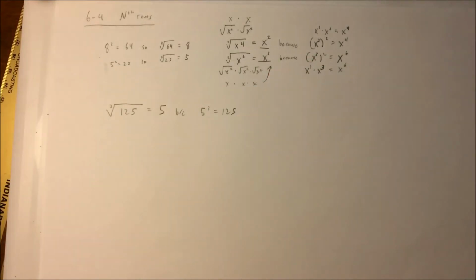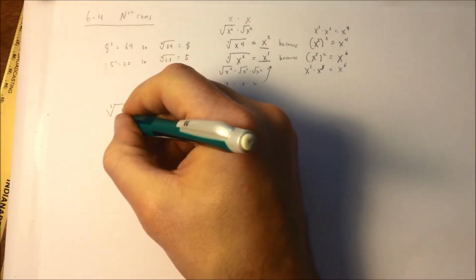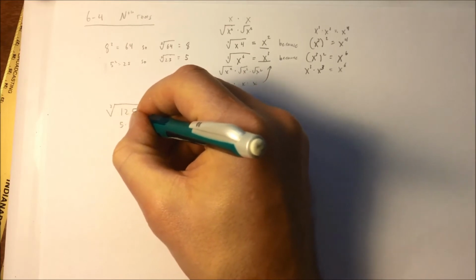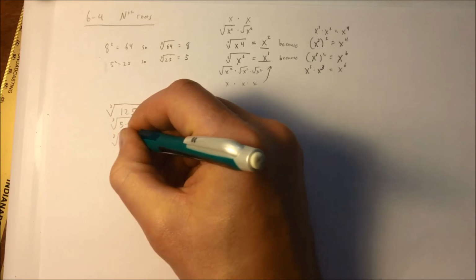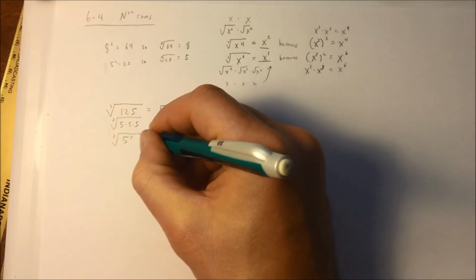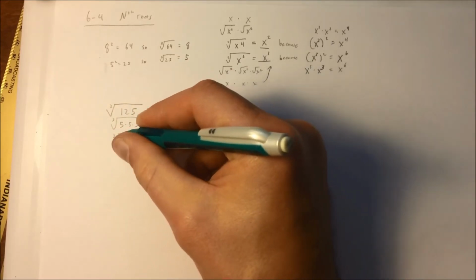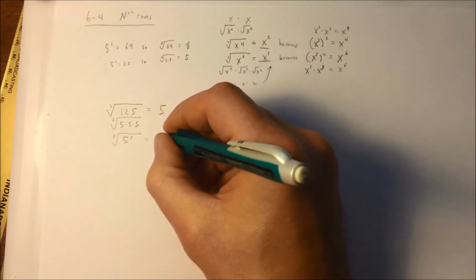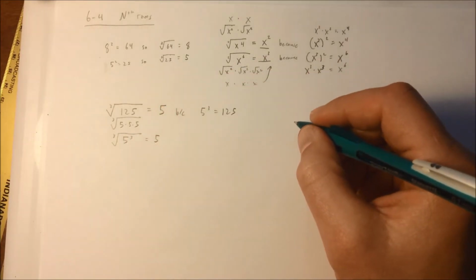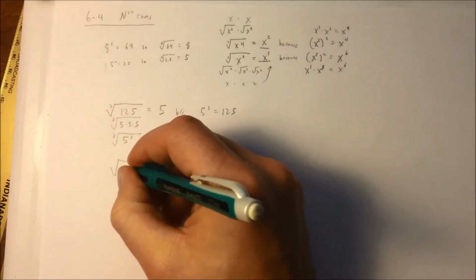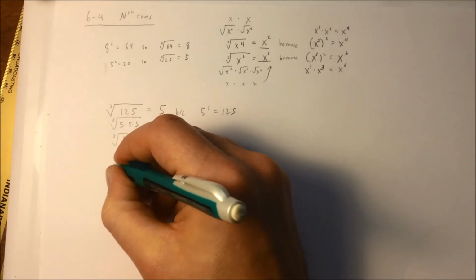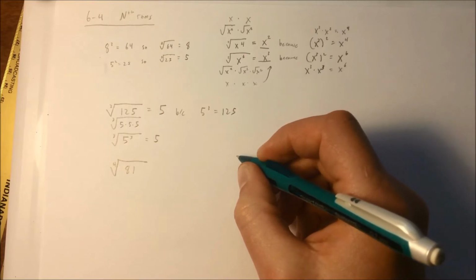If I needed to, I could rewrite this as 5 times 5 times 5, which is the cubic root of 5 cubed. And if I'm taking the cubic root of something cubed, that should just give me whatever that number was. Same thing on this one, 81. What if I had to find the fourth root of that?